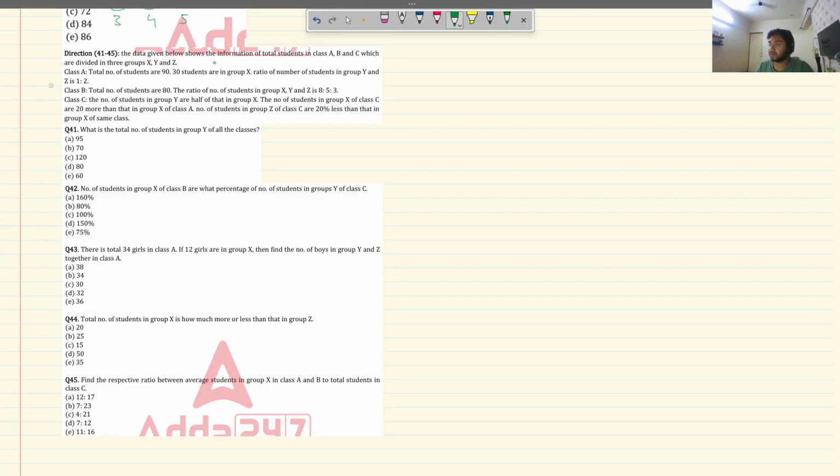The data given below shows the information of total students in classes A, B and C, which are divided in three groups X, Y, Z. So A, B, C, three classes divided in X, Y and Z. Okay.